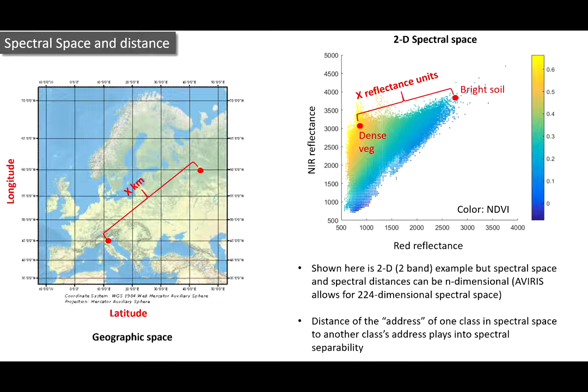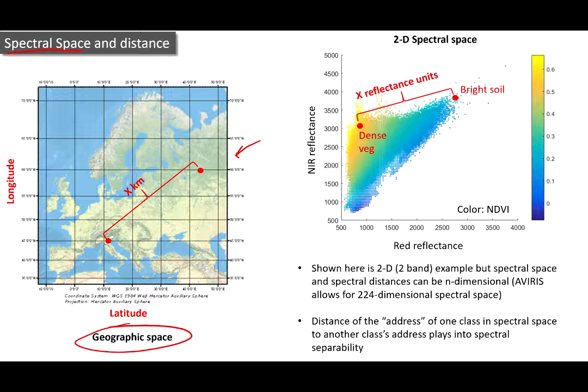So let's take a step back. I mentioned spectral space, the space in which we're operating. But what is that? Let's start with geographic space, which is how we normally think of space.